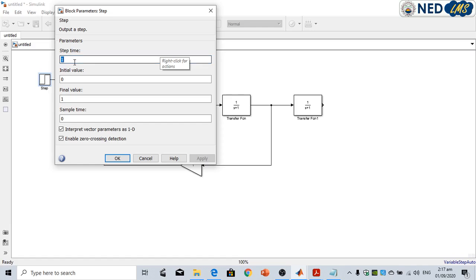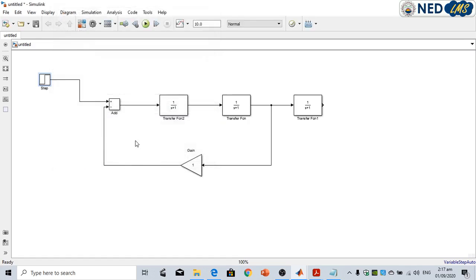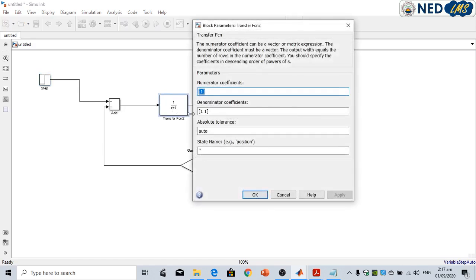After a step of 1, its final value is 1 and its initial value is 0. Okay, this one is correct. One input is with positive sign, the other input is with negative sign.